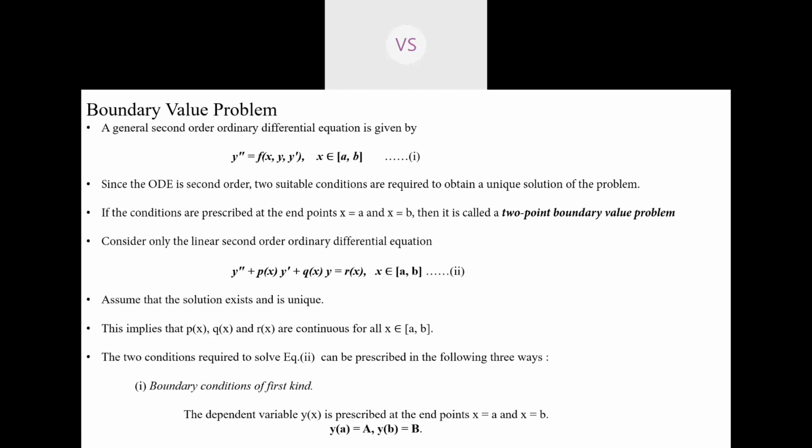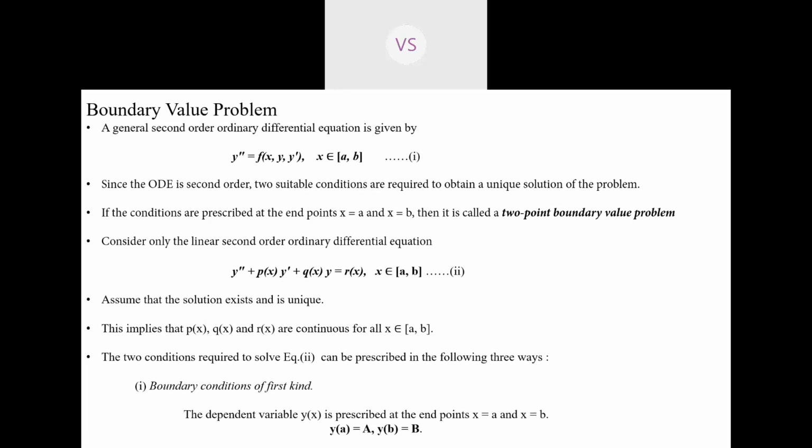At x is equal to 0, the condition is y is equal to 0. At x is equal to L, suppose L is the length, y is equal to 2 or some value, so that becomes the boundary value condition. For different points of x we are giving the condition.